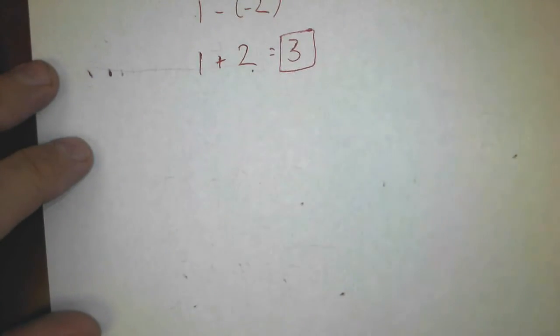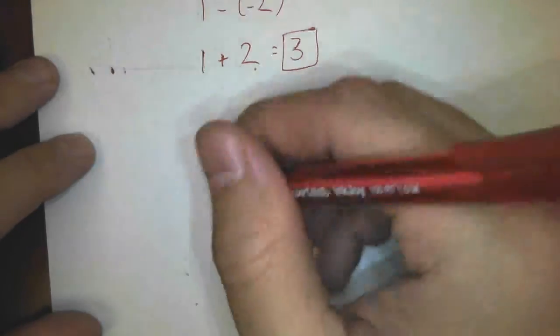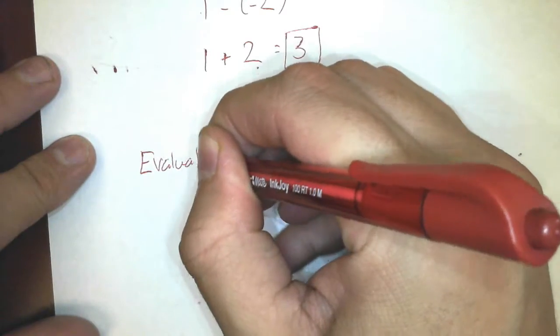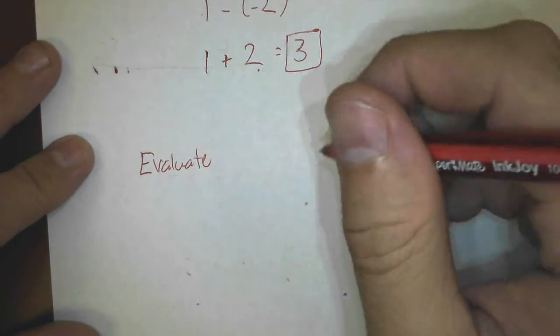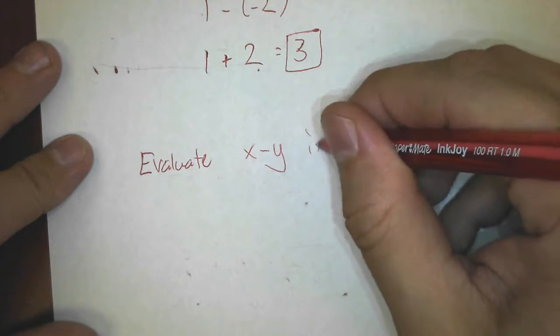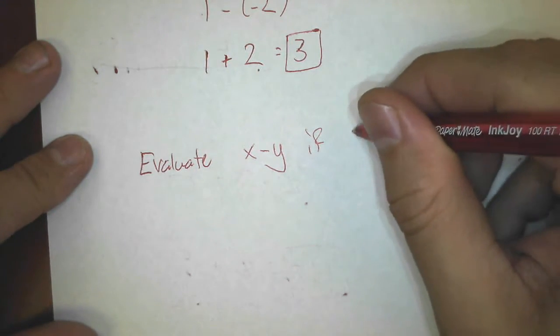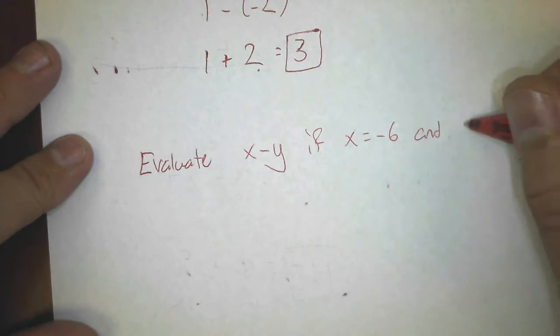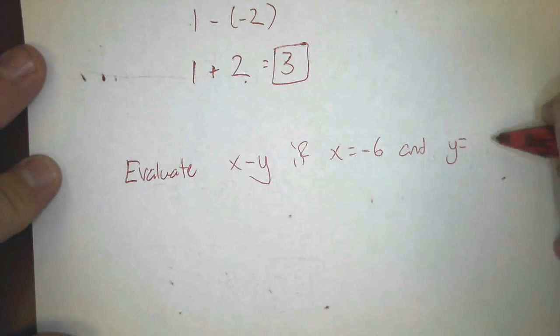Last example. And you might see this on your schoolwork. You will see evaluate x minus y if x equals negative 6 and y equals negative 5.